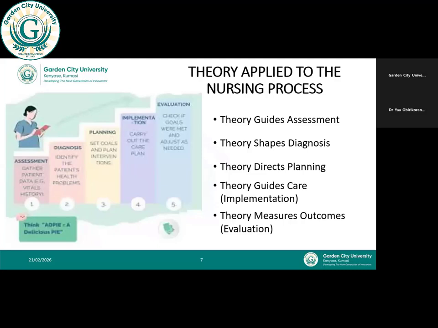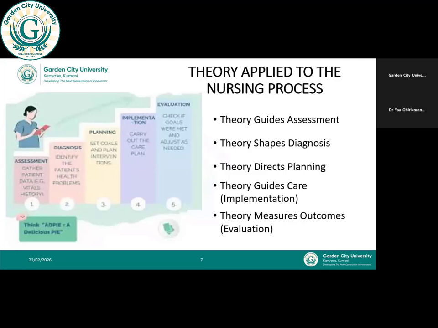So the theory will help us to shape our diagnosis. So for instance, like I was saying, if you go through the NANDA, you find self-care diagnosis. You find several of them, anything to do with self-care deficits. It can be from the knowledge ones to ineffective health management.